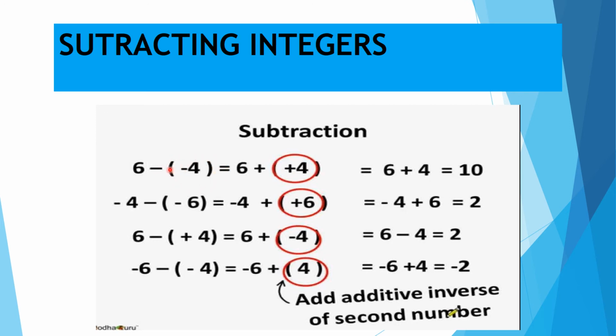Additive inverse means if it is minus 4, the additive inverse is plus 4. If it is minus 6, the additive inverse is plus 6. If it is plus 4, the additive inverse is minus 4. That is just same as opposite of the number. We have already discussed what are opposites. So opposites and inverse are same.